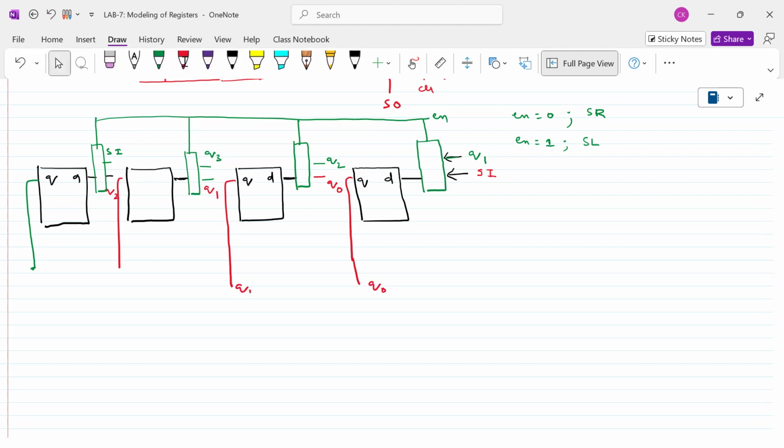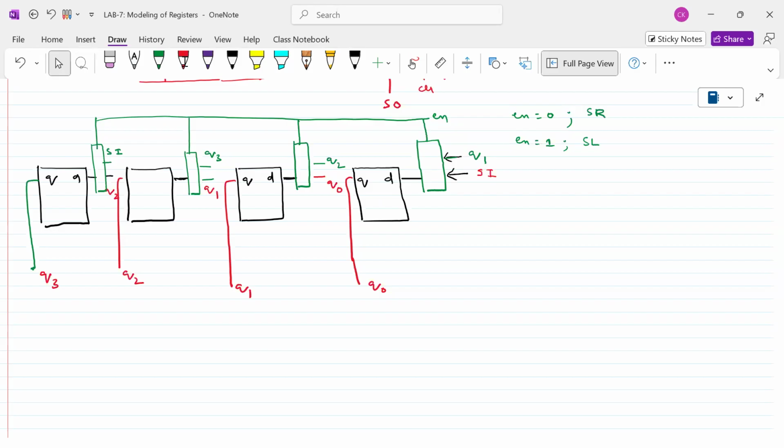Q0, Q1, Q2, and so on. If enable is equal to 0, it is acting as a shift right operator. If enable is equal to 1, it is acting as a shift left operation.